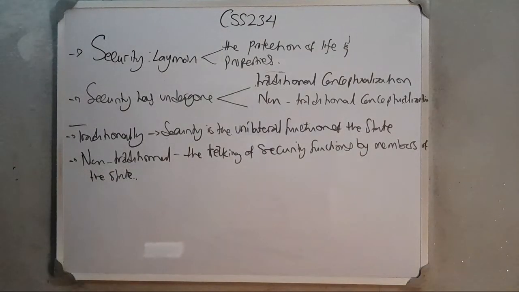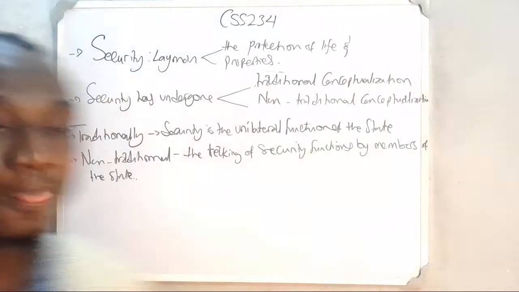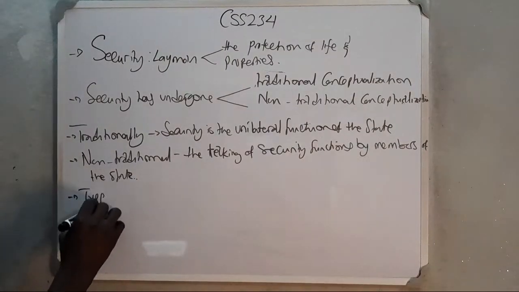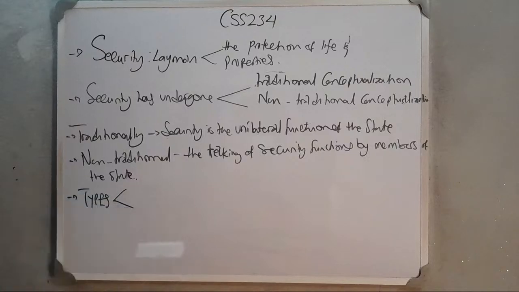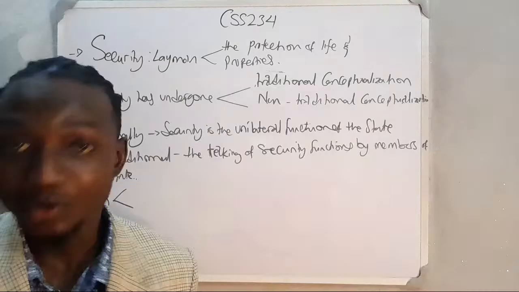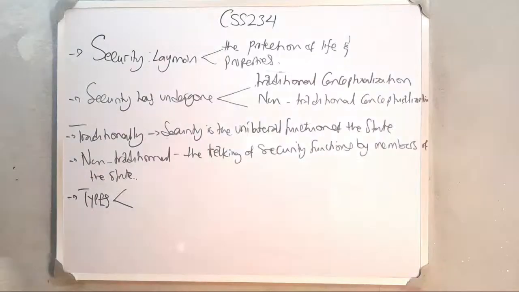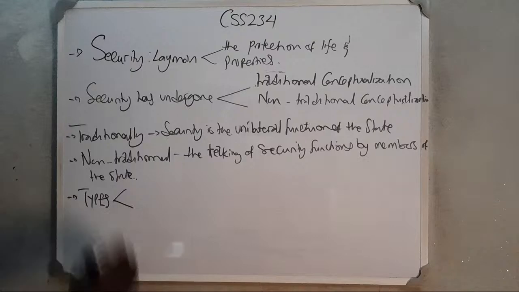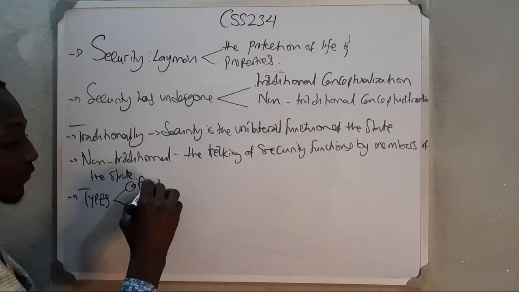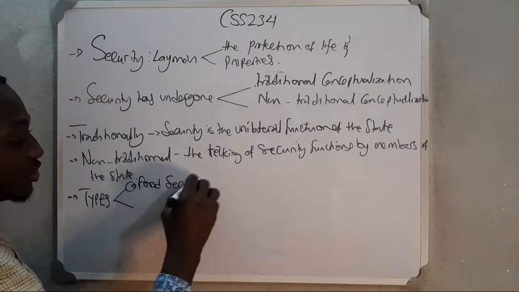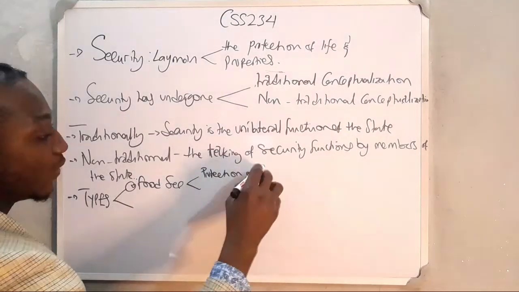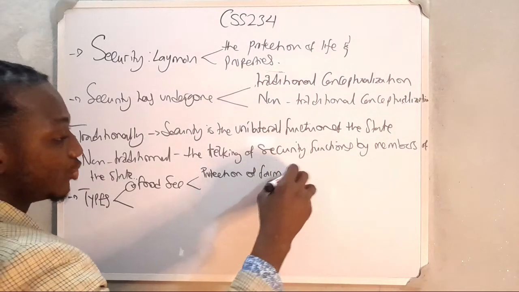So now let's talk about the types of security. There are basically types of security, and we're going to be mentioning just a few. We have the likes of food security, that has to do with the protection of farm produce.